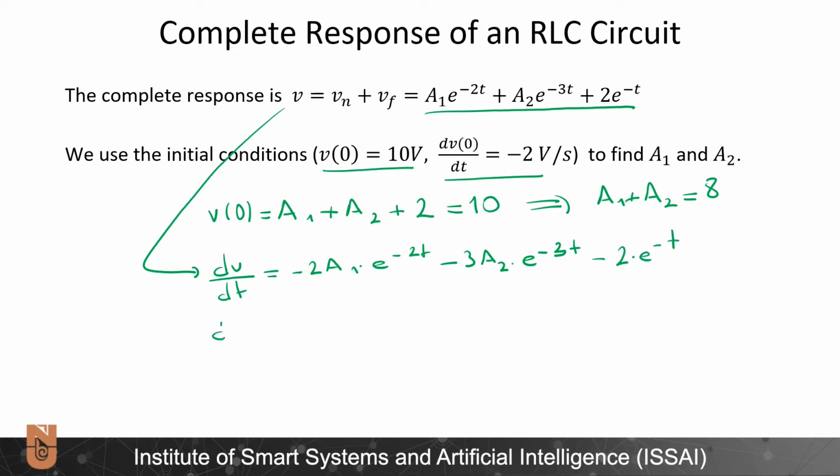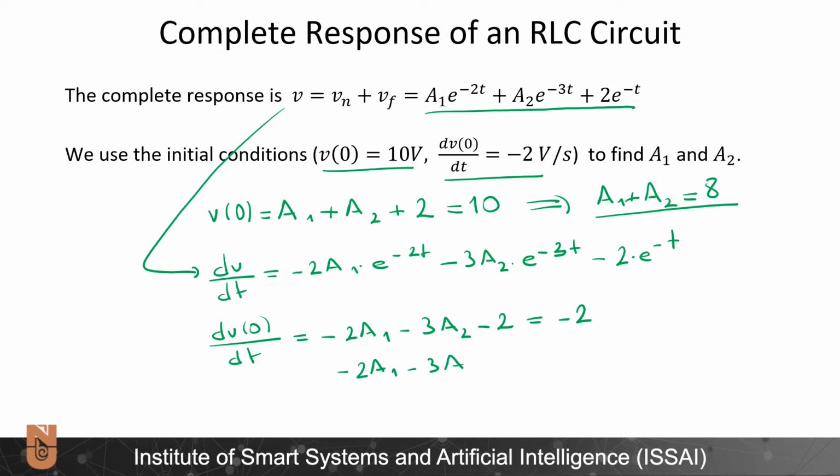And if I evaluate this at t is equal to 0, I end up with minus 2a1 minus 3a2 minus 2 is equal to minus 2. So accordingly, I have a1 plus a2 is equal to 8. And similarly, I have minus 2a1 minus 3a2 is equal to 0.